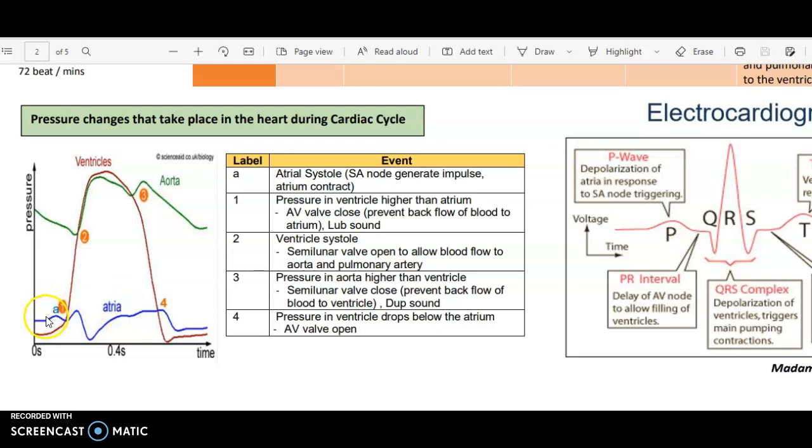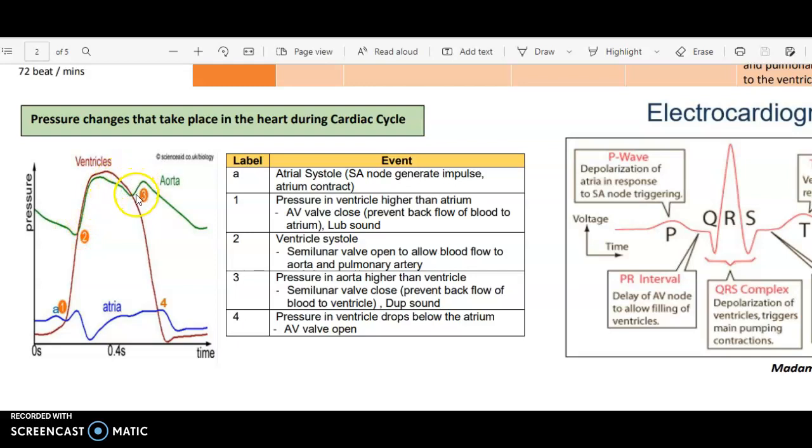So, point A, atrial systole. Point number 1, pressure in the ventricle is higher than the atrium, so the AV valve closes, loud sound. Point number 2 refers to ventricular systole, so the semilunar valve opens.